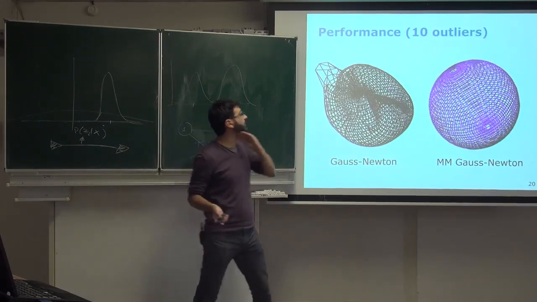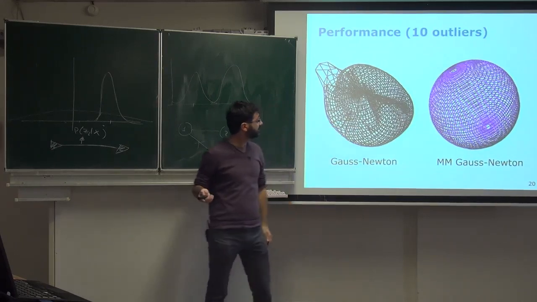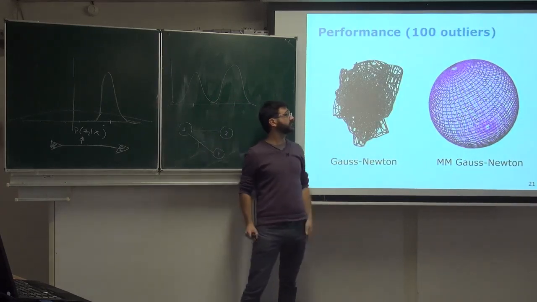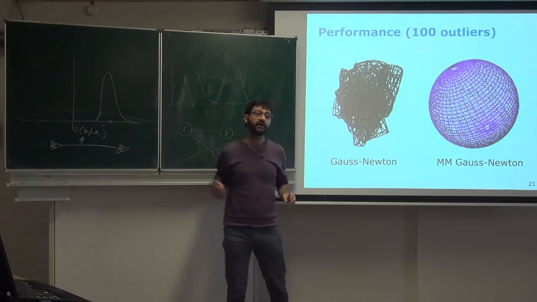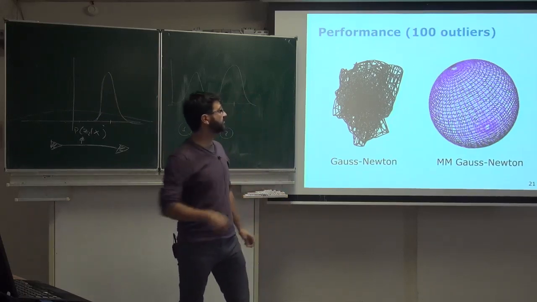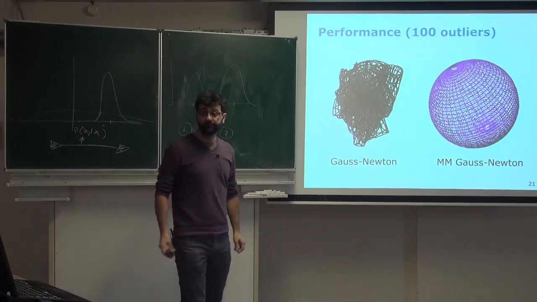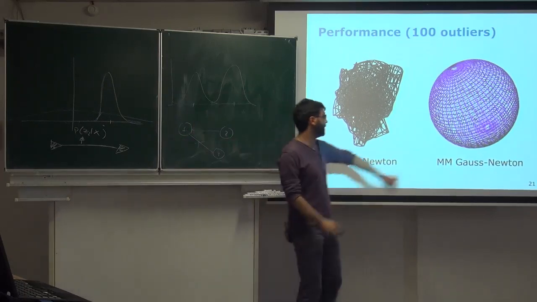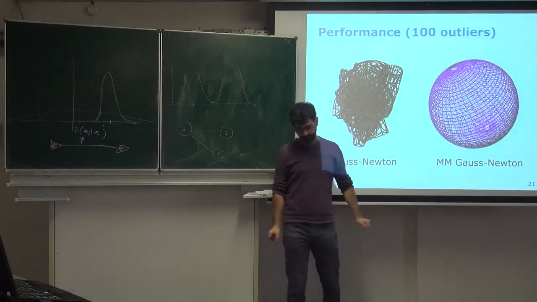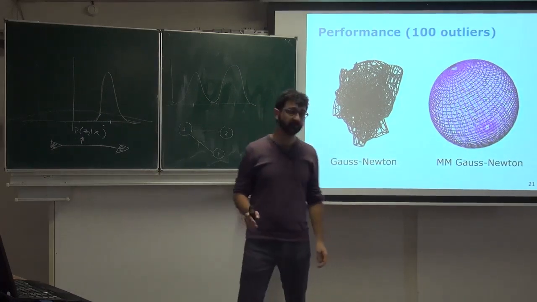And the more outliers we add, you see that this whole sphere gets deformed up to a certain point where it just collapses on itself. And with the max mixer, you're able to handle that. So it's one way of handling these outliers.